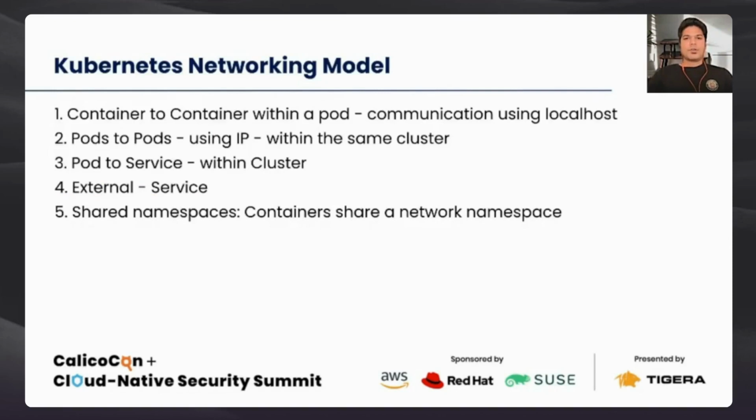Before we start with today's topic, let us briefly go through the basics of container networking, that is, what the Kubernetes networking model is and how it works. Now, the Kubernetes networking model in itself demands its own session, so we will try to stick to the crux of it and do a quick walkthrough.